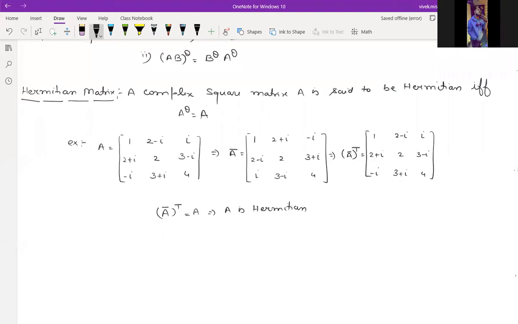Sir, can you scroll down to the conjugate transpose matrix wala part? Yes.